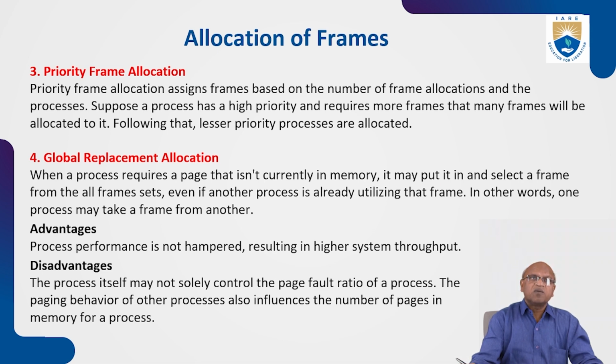The advantage of global replacement allocation is that the process performance is not hampered, resulting in higher system throughput. The disadvantage is that the process itself may not solely control the page fault ratio of the process. The paging behavior of other processes also influences the number of pages in memory for a process.